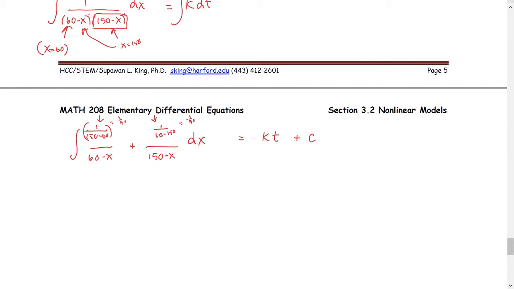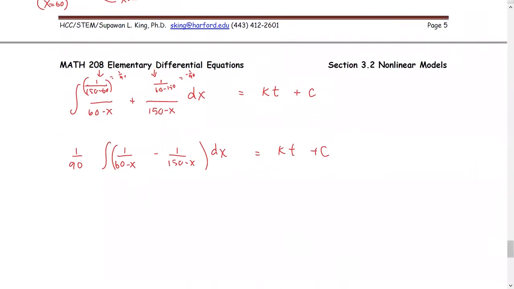As a common number, 1 over 90 times the integral of 1 over 60 minus x, minus 1 over 150 minus x, dx equals k times t plus c. Now, we just use the antiderivative of each one.